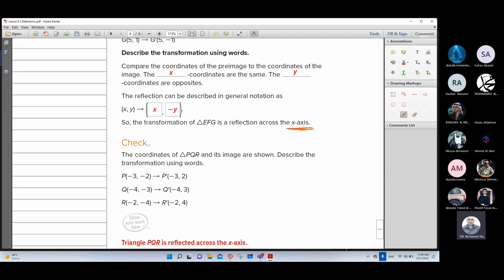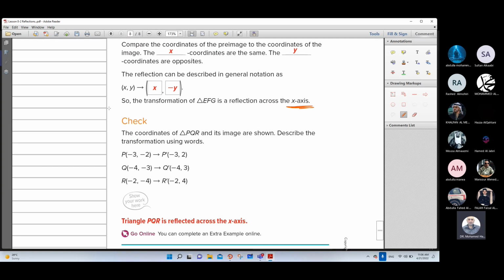In the second example, the coordinates of triangle BQR and its image are shown. Describe the transformation using words. As you see here, minus 3, minus 3, we have the same x. Minus 2, plus 2, we have the opposite y.